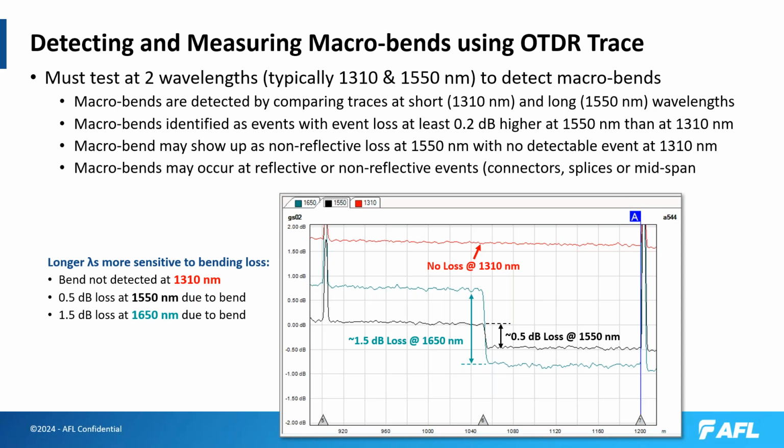So this really shows the effect of the macrobend at that location and drives home the point that by comparing event loss at the longer wavelength to the event loss at a shorter wavelength, you can detect and identify whether loss is due to a macrobend or a poor splice. If this was just a poor splice, we would see similar loss at both 1310 and 1550 or at all three wavelengths.